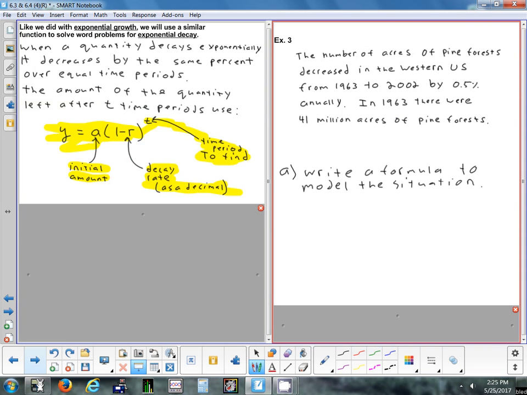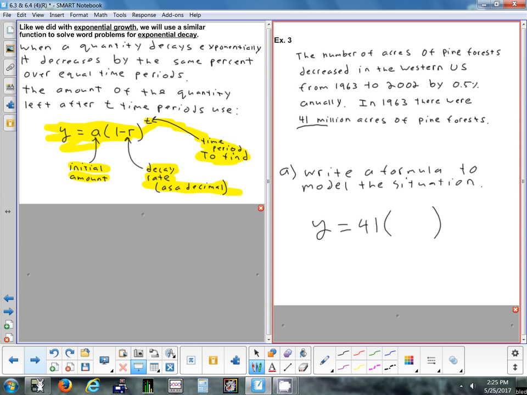Okay, can anybody tell me a number in here that's important and what it would be in the formula? Josh? What's 41 million? What's that going to be? Yeah, we're going to start off with 41 million acres. I'm going to write 41, but just remember that when we do this, 41 represents million. Okay?